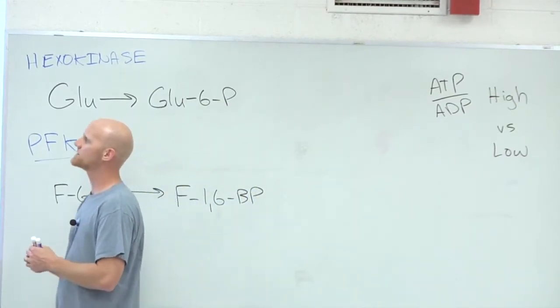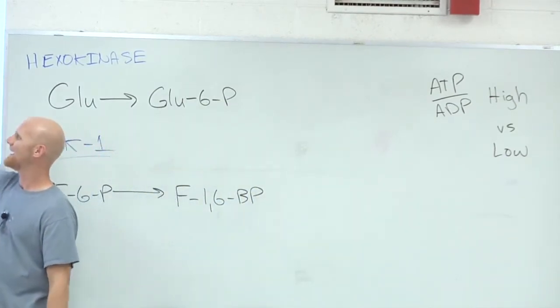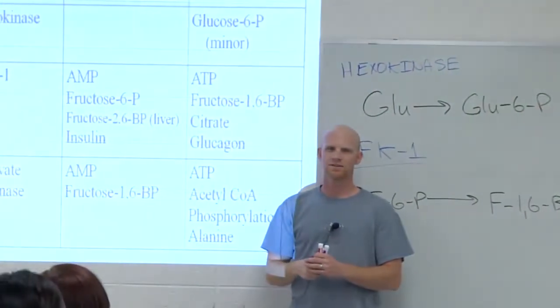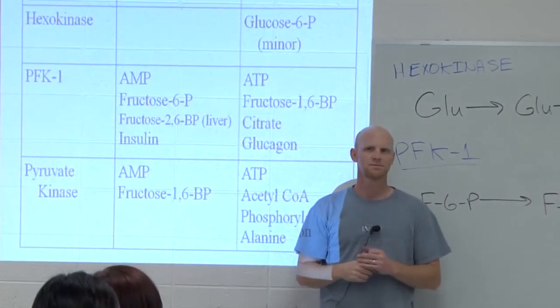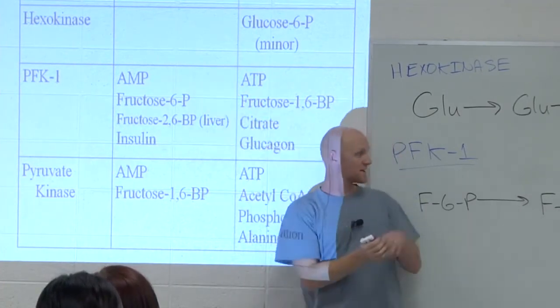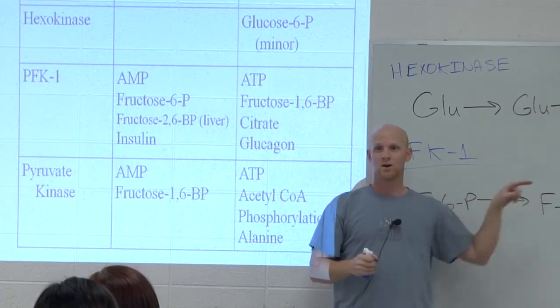So let's look at what activates PFK1. AMP activates it allosterically here. Does that make sense? Why does that make sense? Evidence of low energy, so let's get glycolysis going.